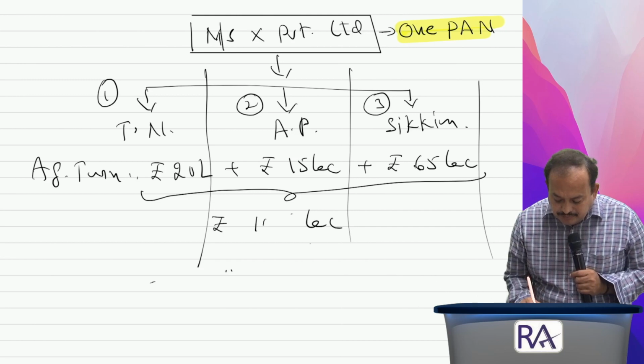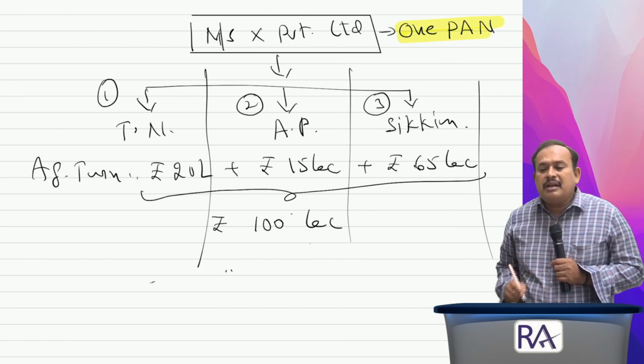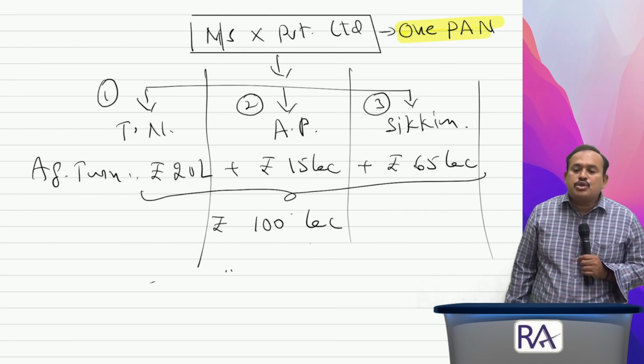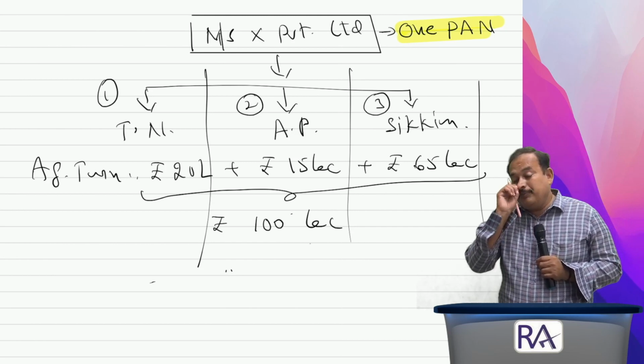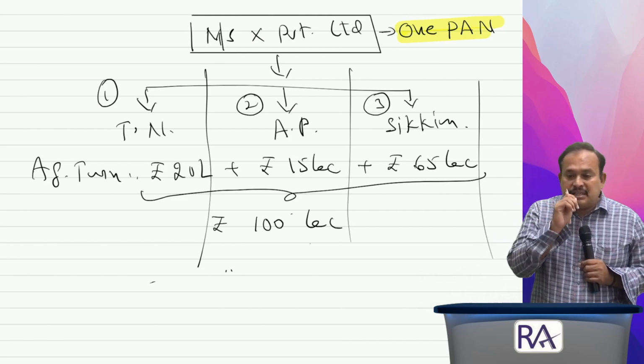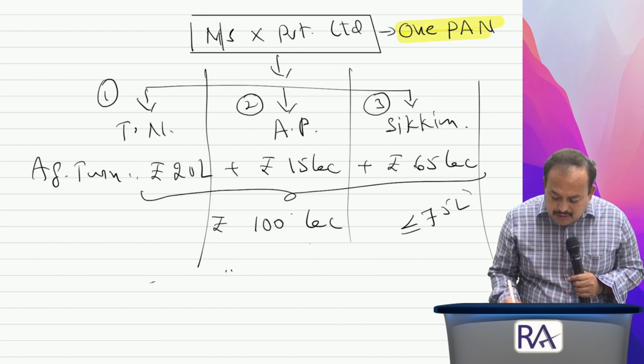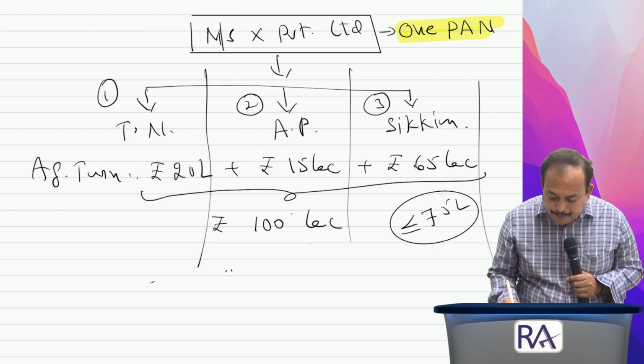Correct? Correct, Amma? 100 lakhs. So now in the state of Sikkim, threshold limit is less than or equal to 75 lakhs.